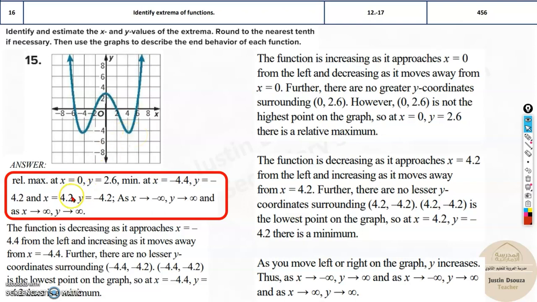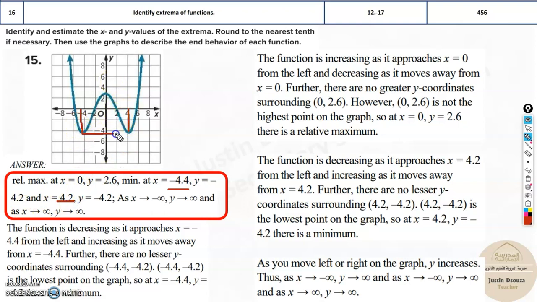Now over here, the x value for the maximum is 0 and it's about 2.6 here. What about the minimum? There are two minimum points. When x is negative 4, no, it's negative 4 and a little more, it's negative 4.4 and the y value is 4.2. What is the answer?